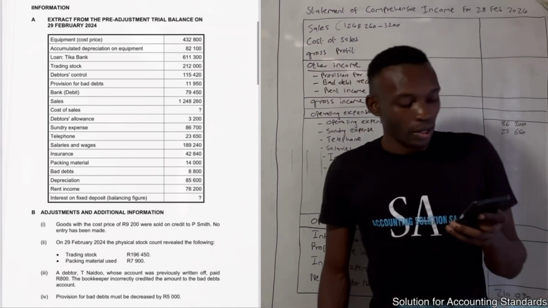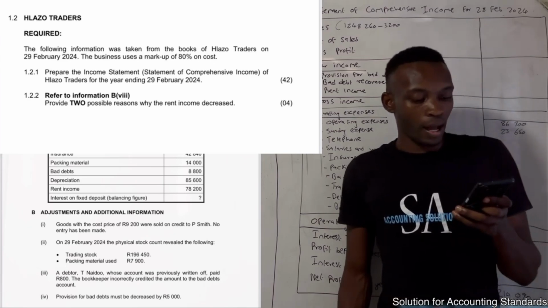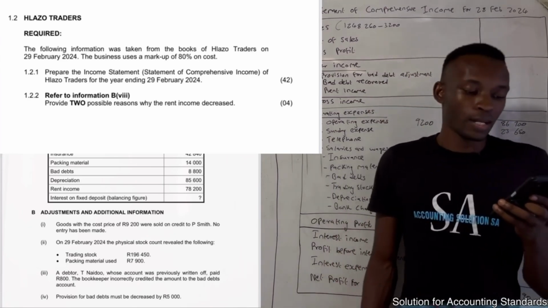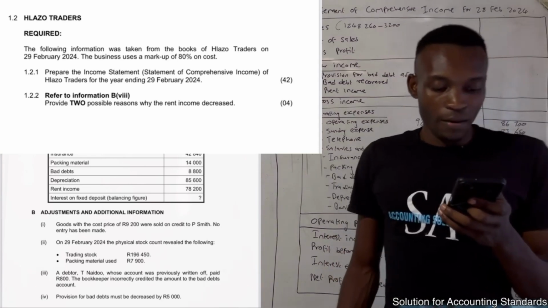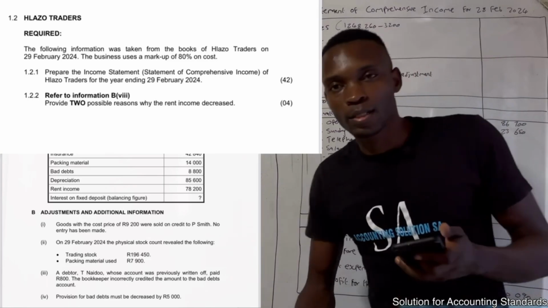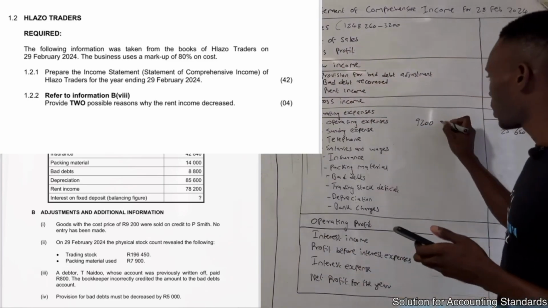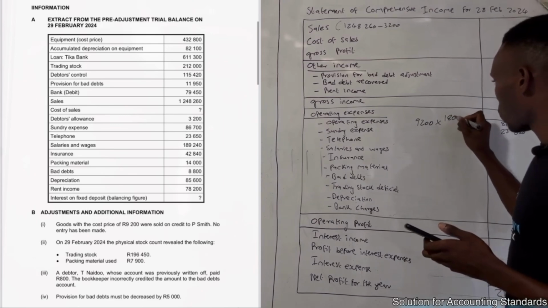Remember, at the top, at the beginning, they give us a markup. They said the following information was taken from the books of Lazo Traders on 29 February 2024, and the business used a markup of 80%. We have to convert this into our sales because this is a cost of sales. We have to say 180 on top.